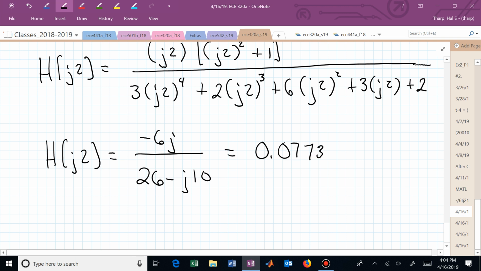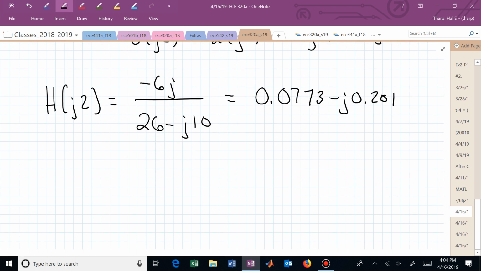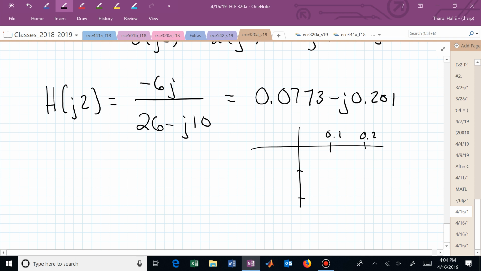0.0773 minus j 0.201. And if you wanted to think what that looks like, if this is now 0.1, you would say, oh, I need to go over about 70 or about 80% of the way to point 1 in the real direction, and I need to go down a little bit more than point 2.